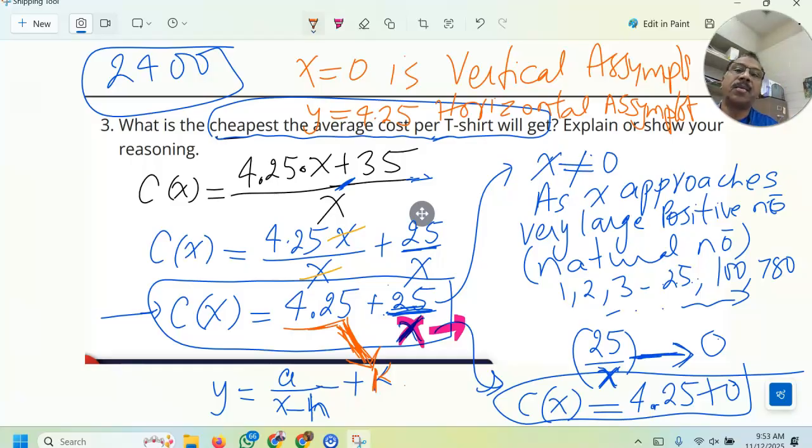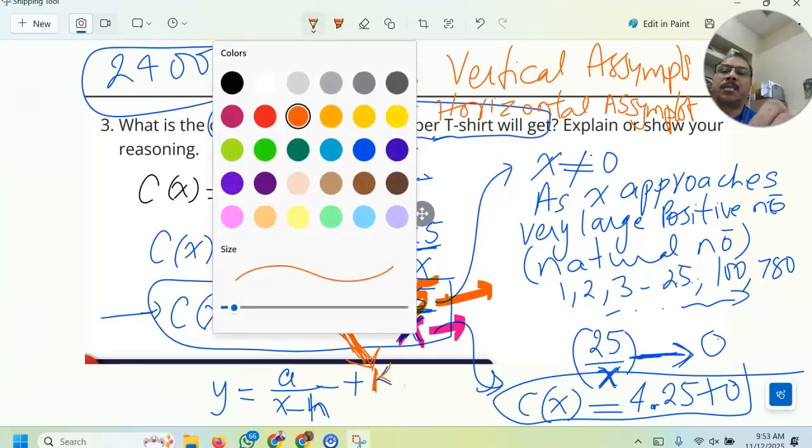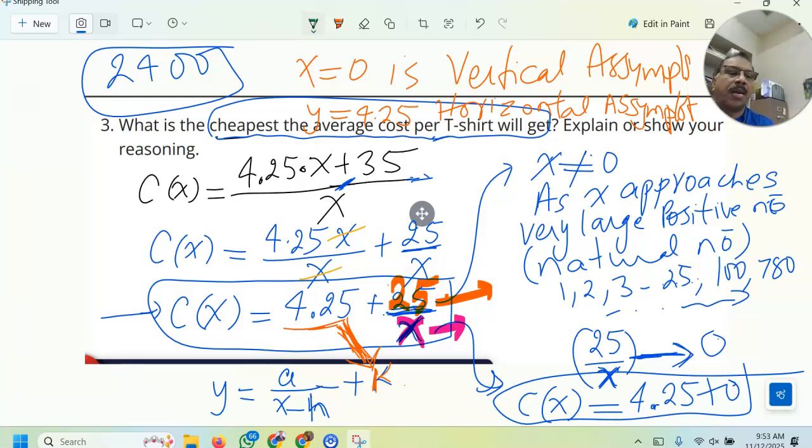One more thing is to compare with the general rational function. That 25 that you see is like a stretching, it's a vertical stretch actually. So a equals 25 here, which is positive, greater than 1.